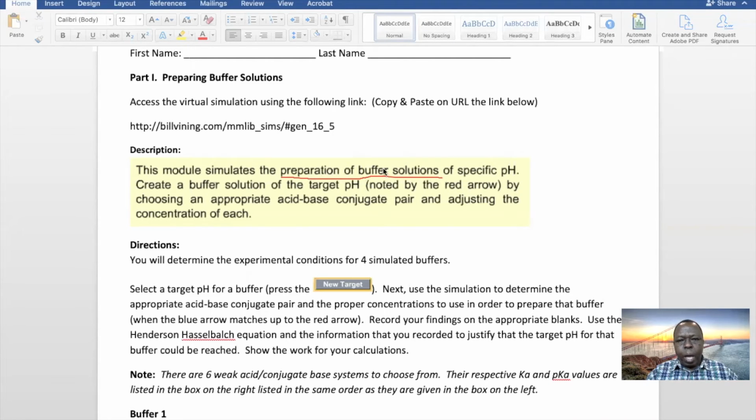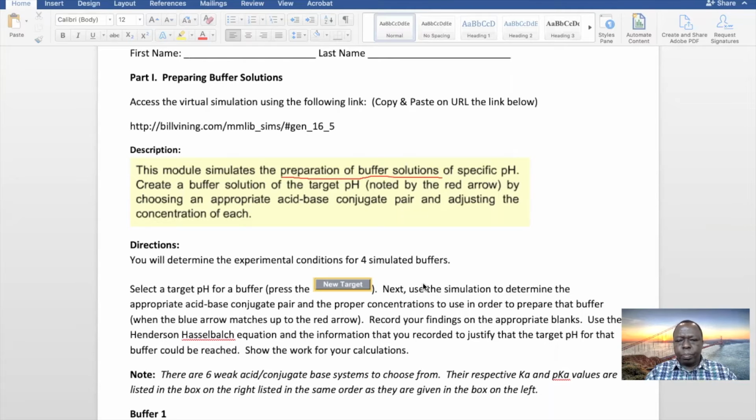You need to pick a weak acid whose pKa is closer to the desired pH value. I've pre-selected the pH value you should be working with. Forget about what is highlighted on the simulation.